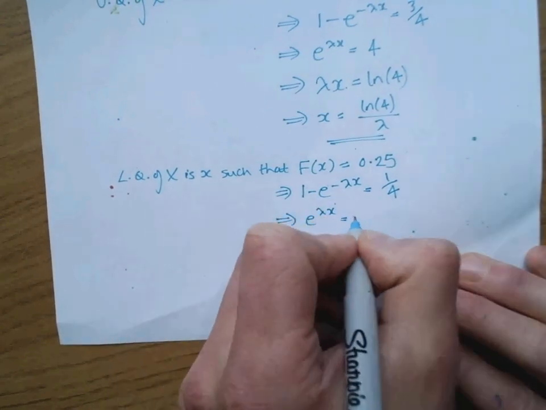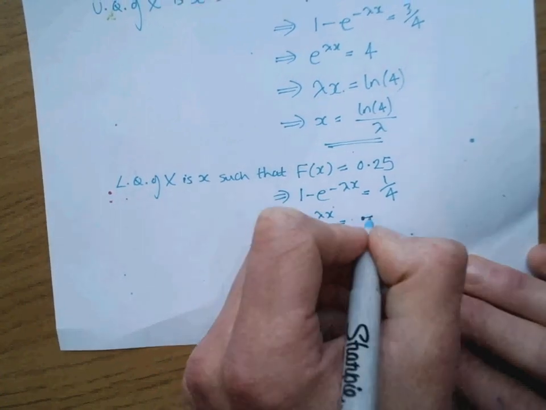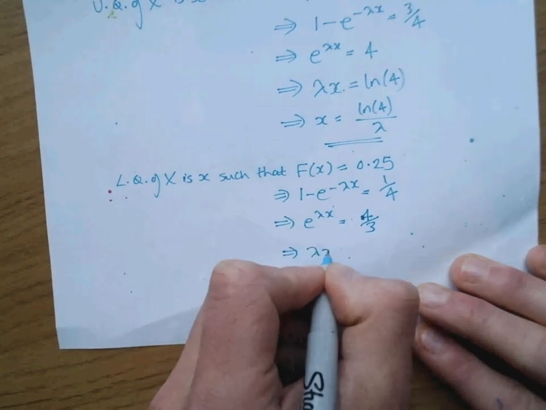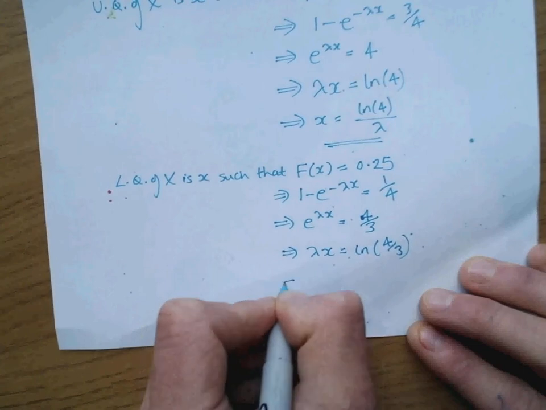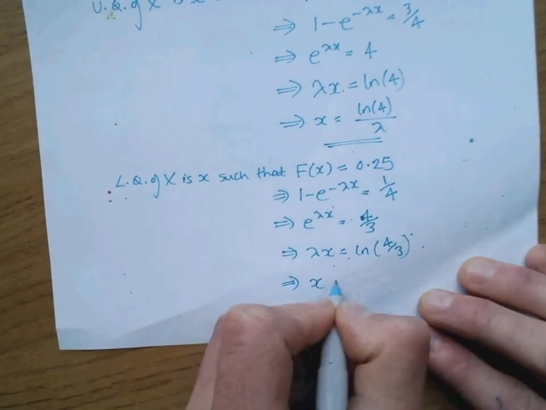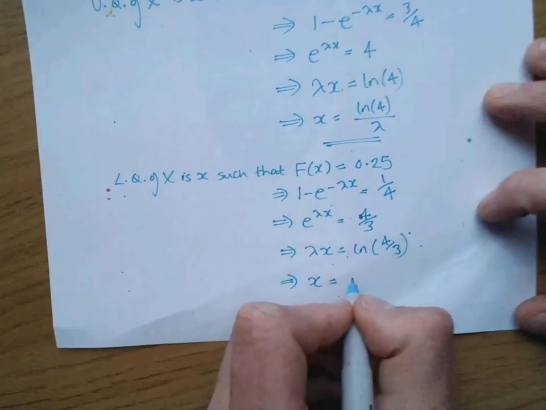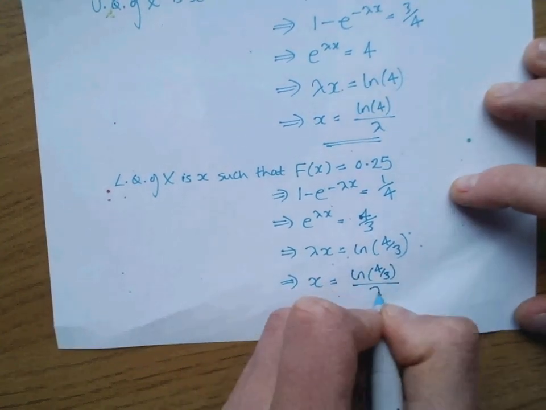So let's go through the process just one last time. That'll be the reciprocal of 3/4. Take the ln of both sides, and then we're there.